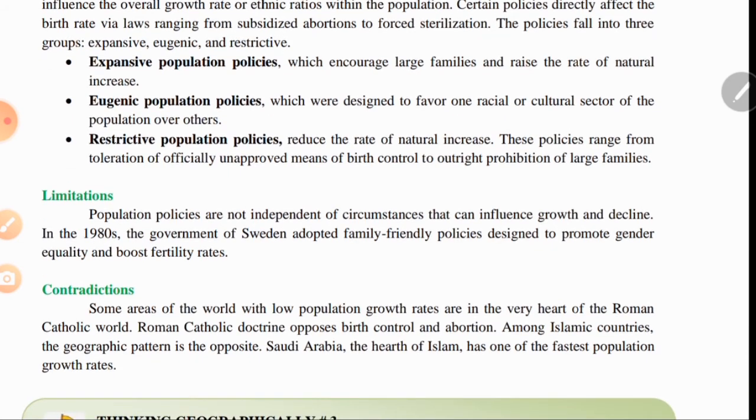Then the population policies have their own limitations naman. Population policies are not independent of circumstances that can influence growth and decline. In the 1980s, the government of Sweden adopted family-friendly policies designed to promote gender equality and boost fertility rates.